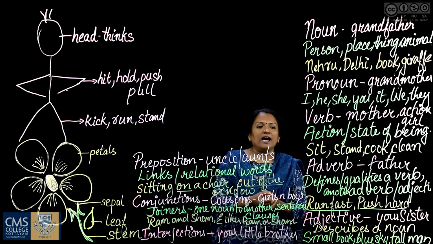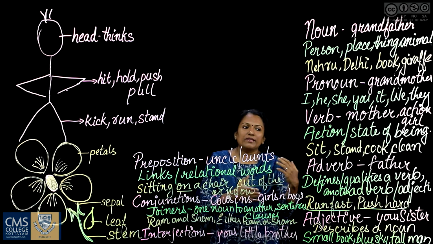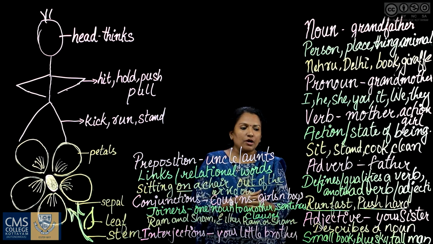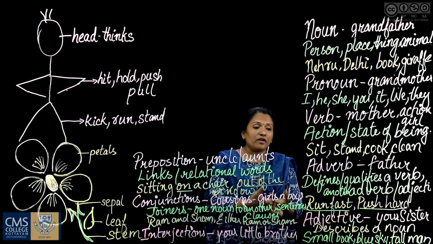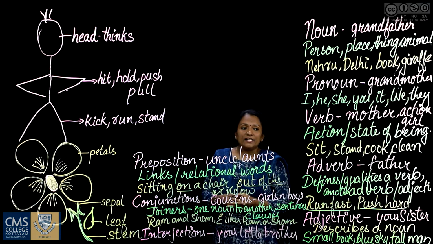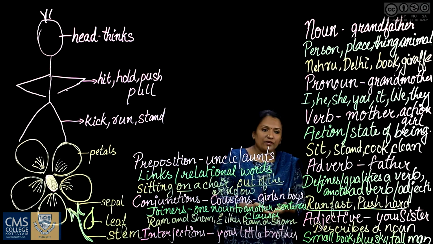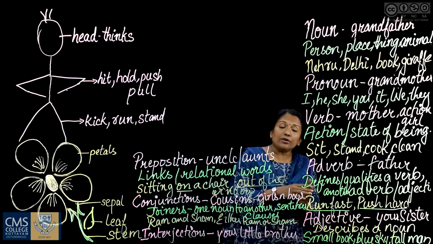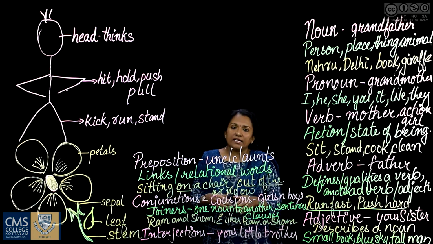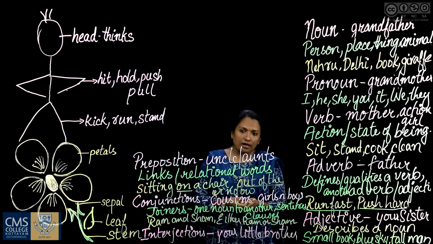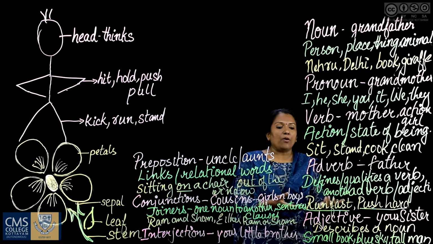So in a way, I equate the adverb with the father of the family, where the function of the adverb would be to define or qualify a verb. It can also qualify another verb, adverb or adjective.